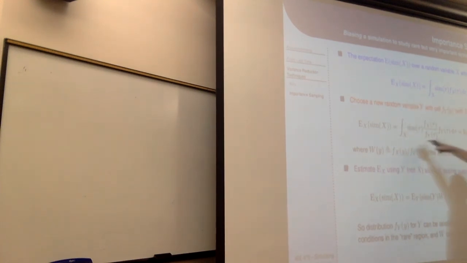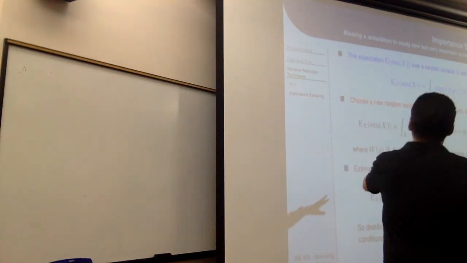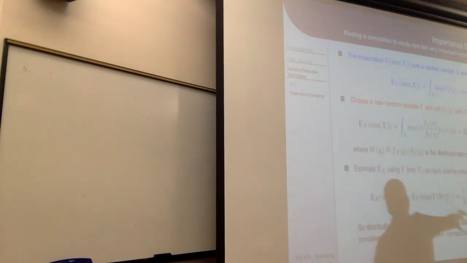Now I can do a little bit of arithmetic and calculus here, and I basically can say, what if I choose a new input? I want to choose an input that guarantees that my reactor melts down. I don't quite know exactly what that input is, but I'm pretty sure that if I make the temperature that day really hot, then I'm going to only simulate days when the temperature is hot.